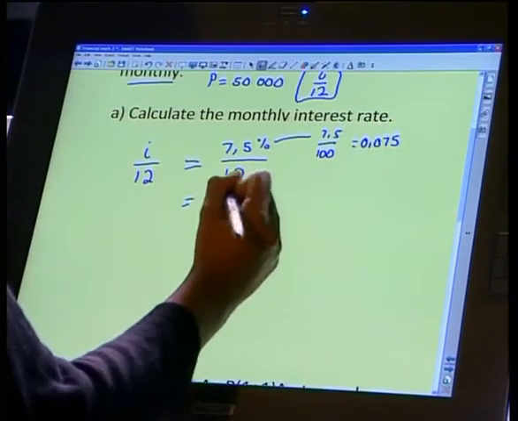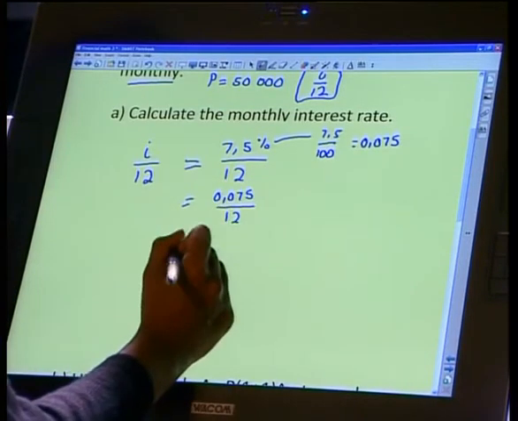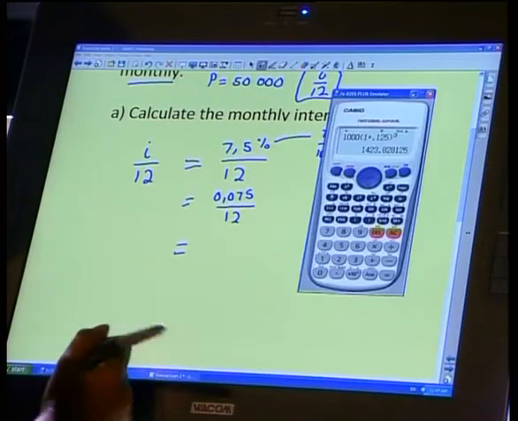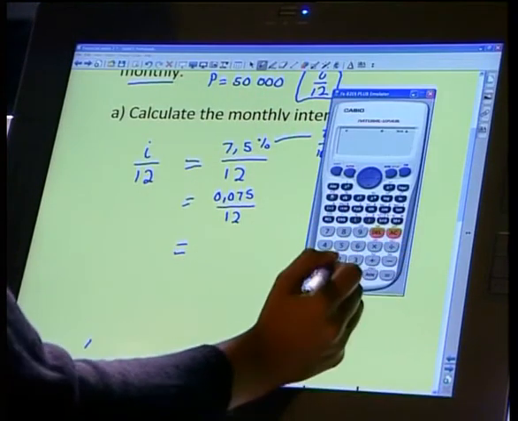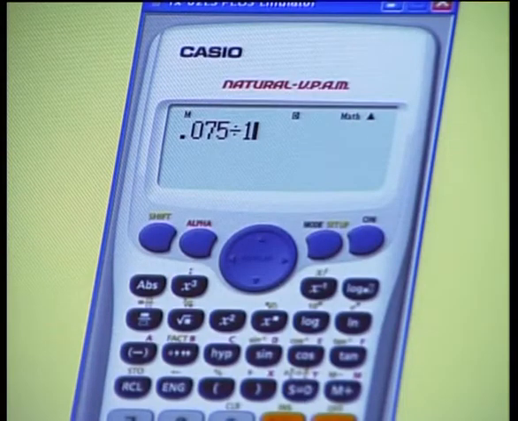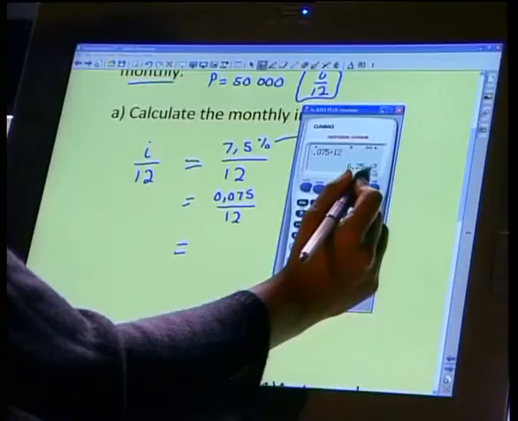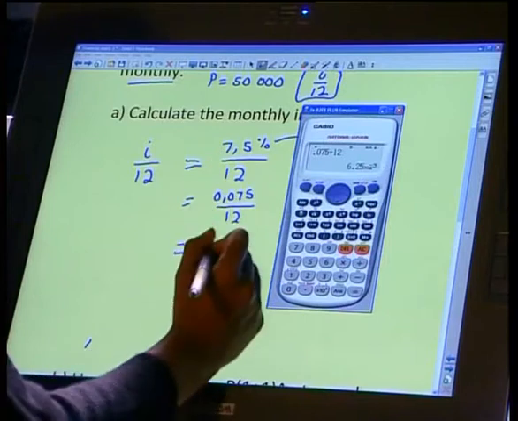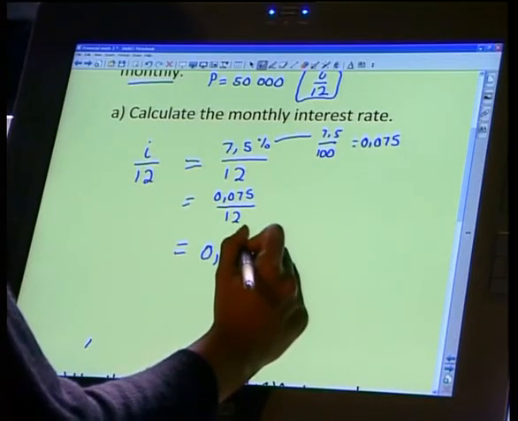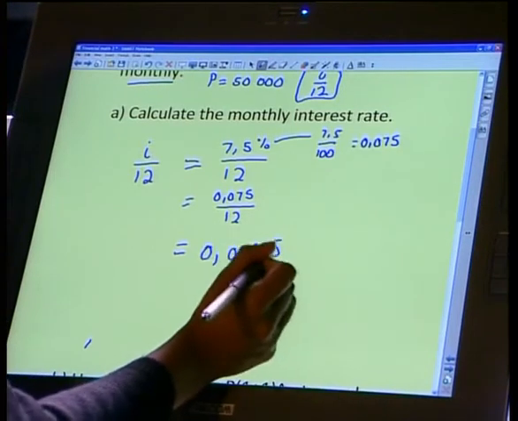We're going to take that divided by 12, and that will be the monthly interest rate that Sam will get. 0.075 divided by 12 gives us an answer 6.25 times 10 to the minus 3. That is equivalent to 0.00625. So we've got 3 zeros in front of the 625.